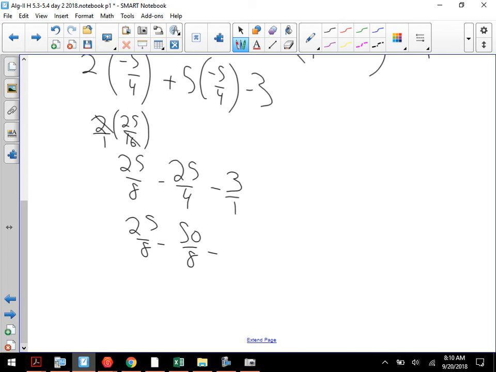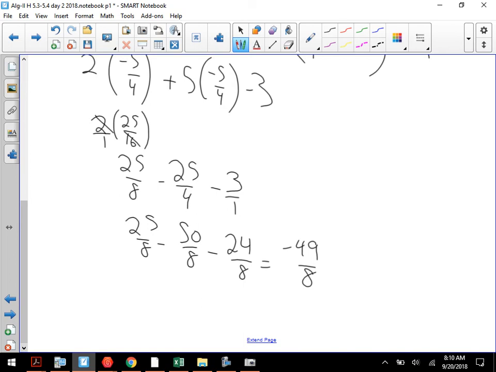So I get 24 over 8. Not bad, because what's 25 minus 24? 1. And what's 1 minus 50? There you go. So your y value, as crappy as this looks, was not difficult to find.